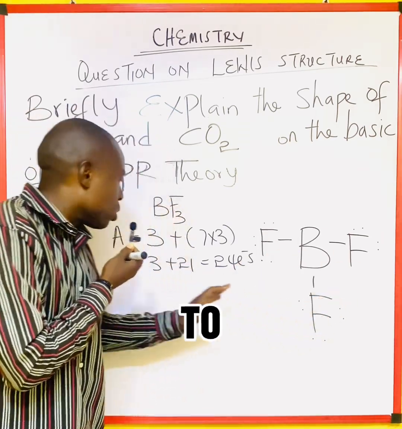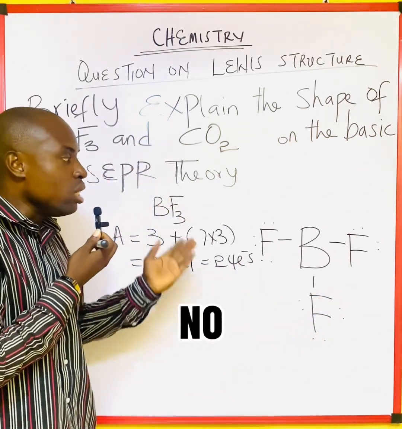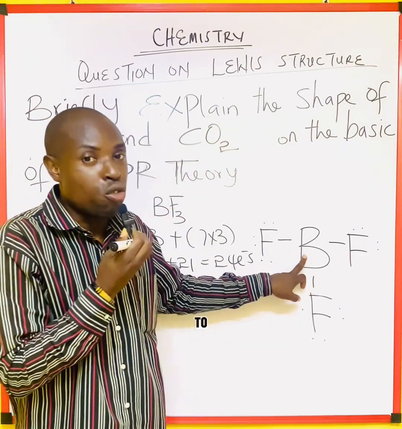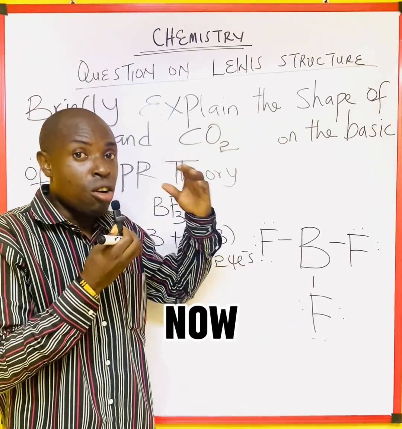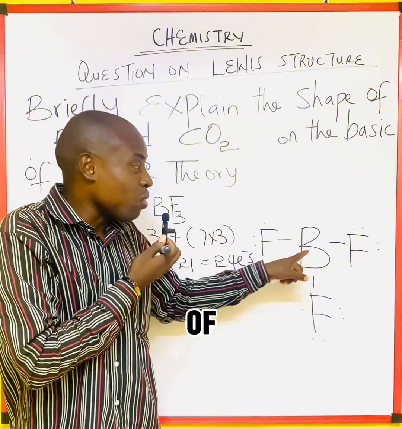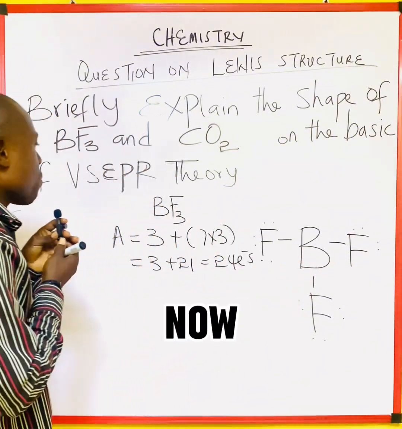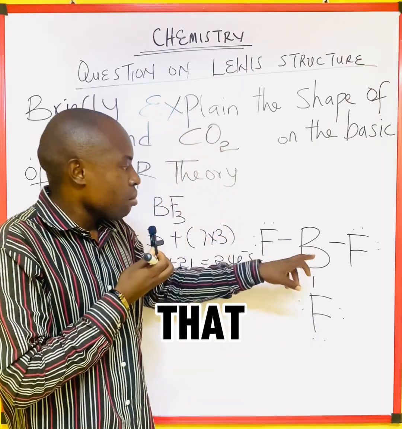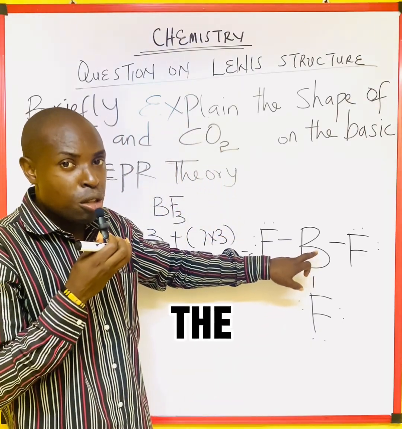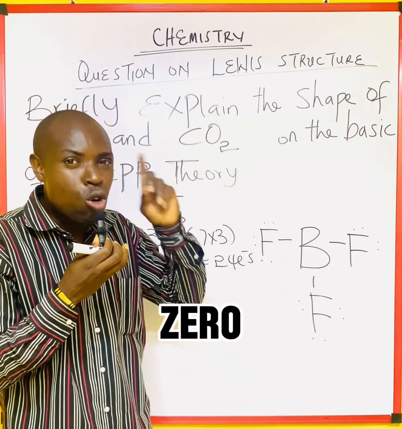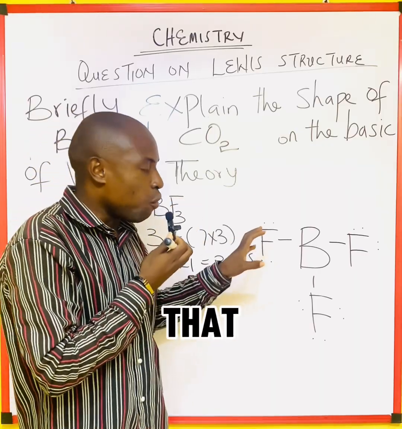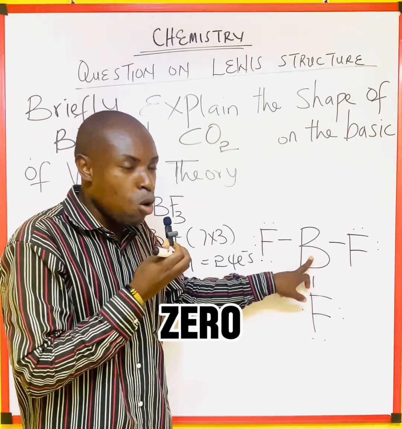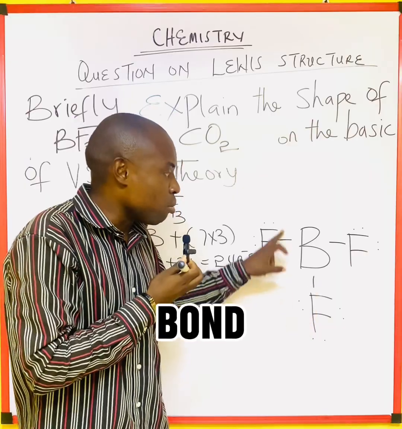Because it is equal to this magic number, there is no need for you to force this boron here to become octet. So this is one of the exceptions here. Now we know this. Of course, without wasting time, you agree with me that the boron has 0 lone pair, but it has 3 bond pair.